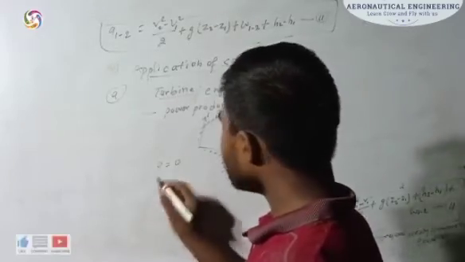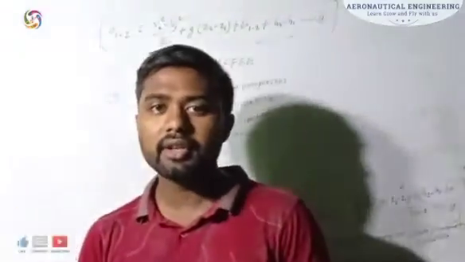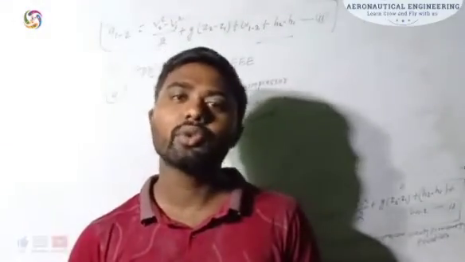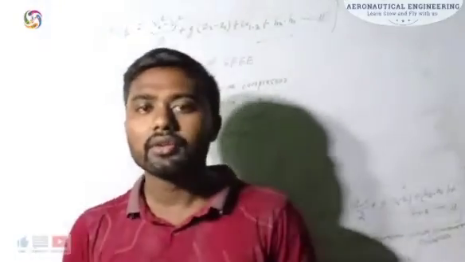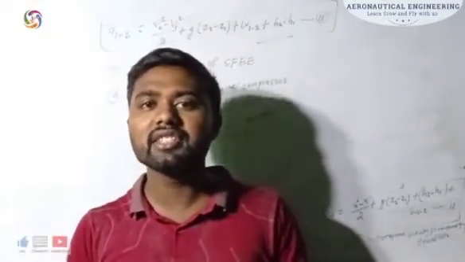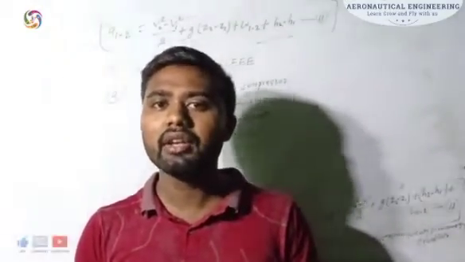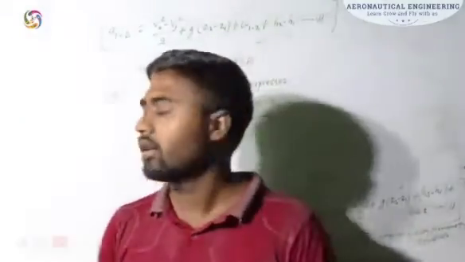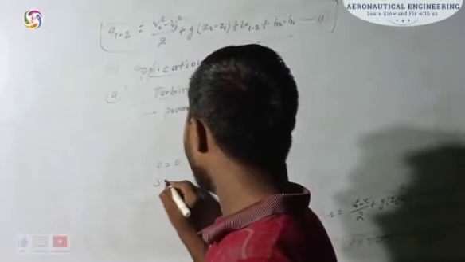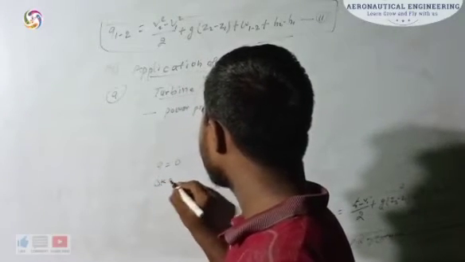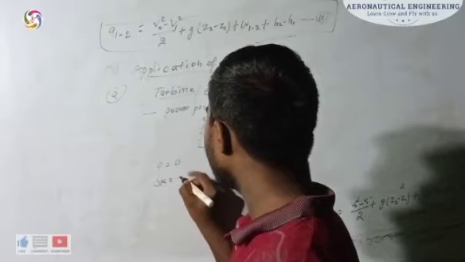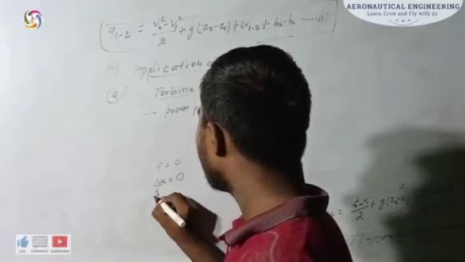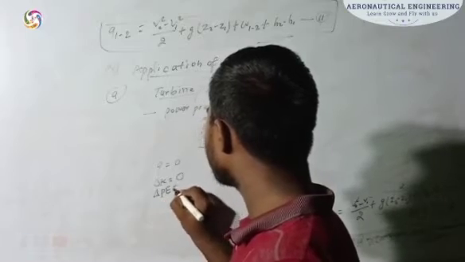Second case: the velocity at inlet and outlet of the system is very small, so we can take it as negligible. If the velocity is negligible or 0, the kinetic energy becomes 0, because kinetic energy equals half m v squared. So delta KE, the kinetic energy change, equals 0, and potential energy change delta PE is also 0.